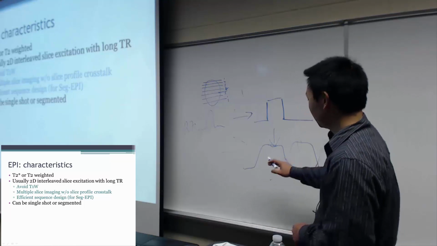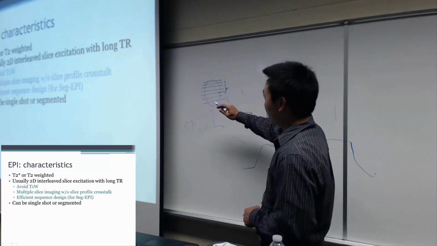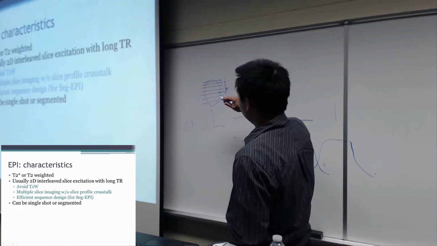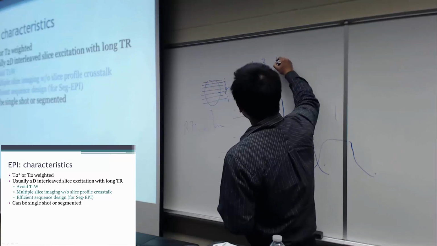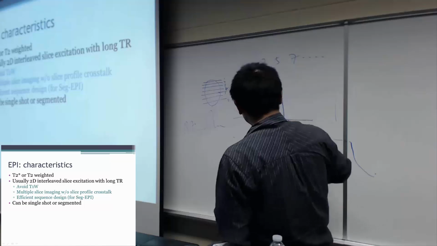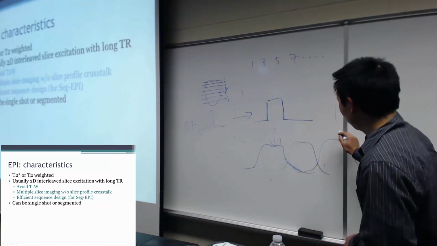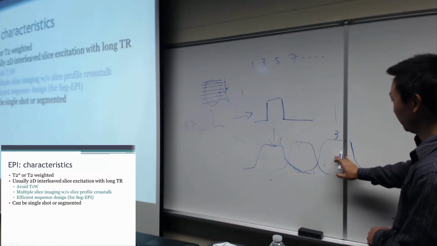So usually we excite the slices in a different manner. First we excite the odd slice numbers: this one, then the third one next, and then the fifth one.